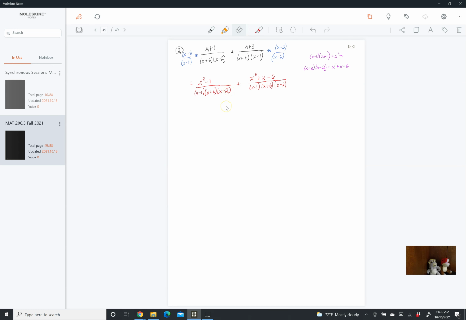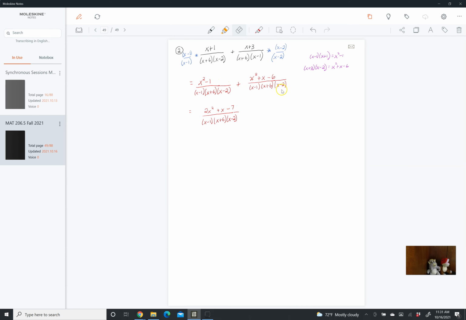Okay. So now I'm going to combine my terms. x squared plus x squared is 2x squared. Then we have a plus x here. Then we have a negative 1 minus 6, which is negative 7. Okay, so in other words, you have a choice in the step that you write.